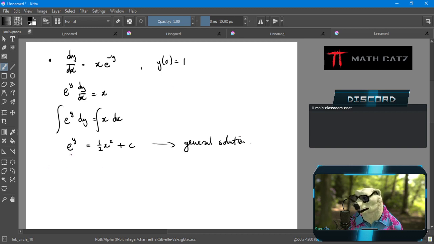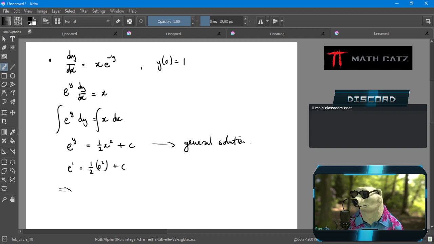Then I'm going to use my information that says when x is 0, y is 1. So e to the 1, x is 0 over there.